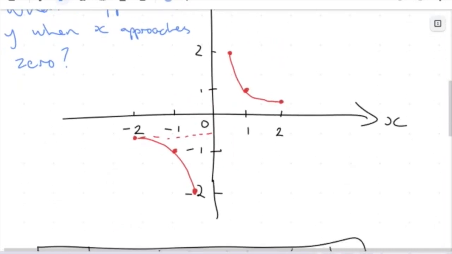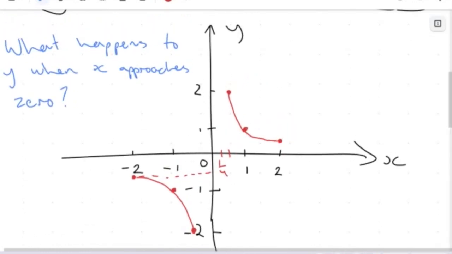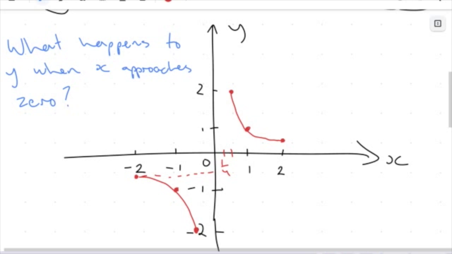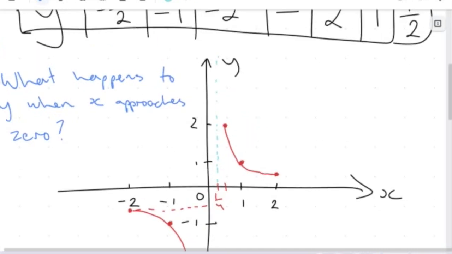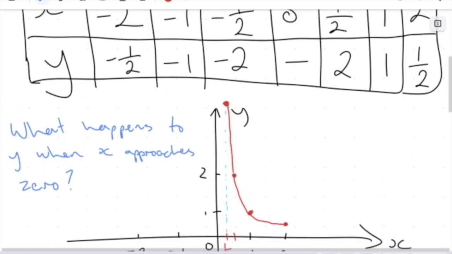So when I have, for example, 1/4 here, so if this was my half, this is my quarter, I get 4 in my y. So I get to about up here. Okay, so this kind of shoots up, right?